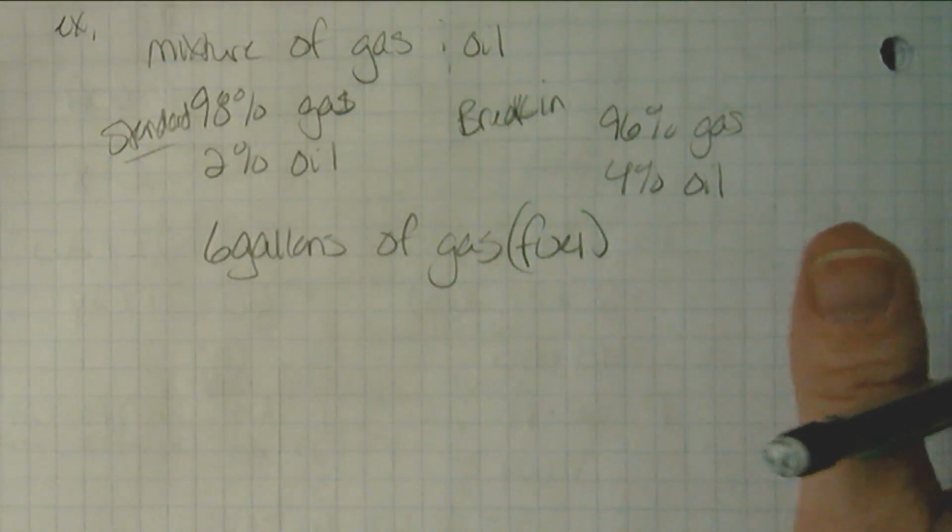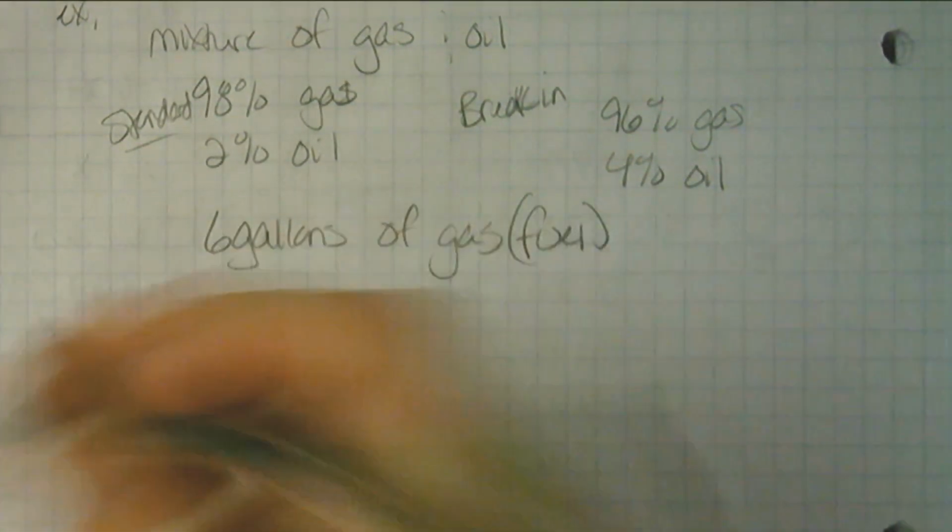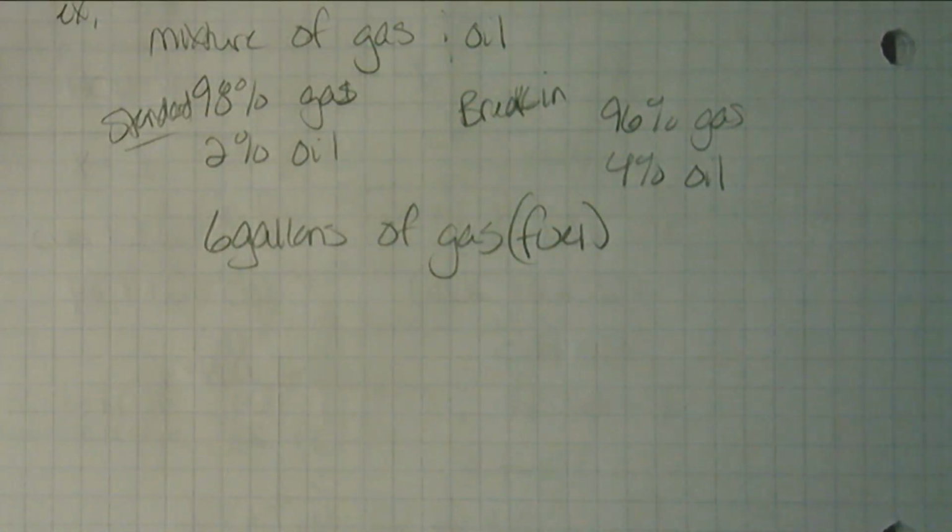Okay, so I want to show you guys something. Here's my picture. Look over here. Here's my bucket that I'm putting 6 gallons of fluid in. You guys with me? So this is my bucket of 6 gallons of fuel. This is oil.